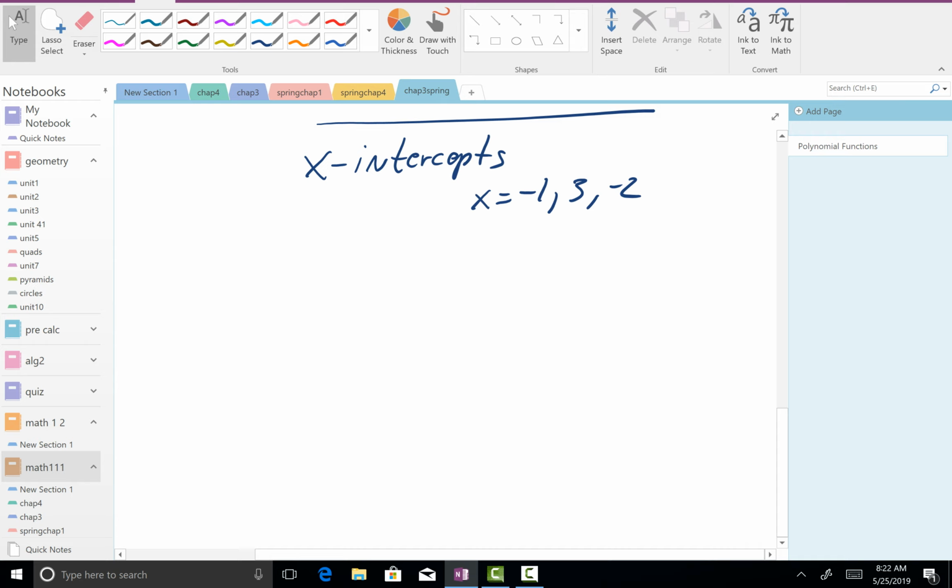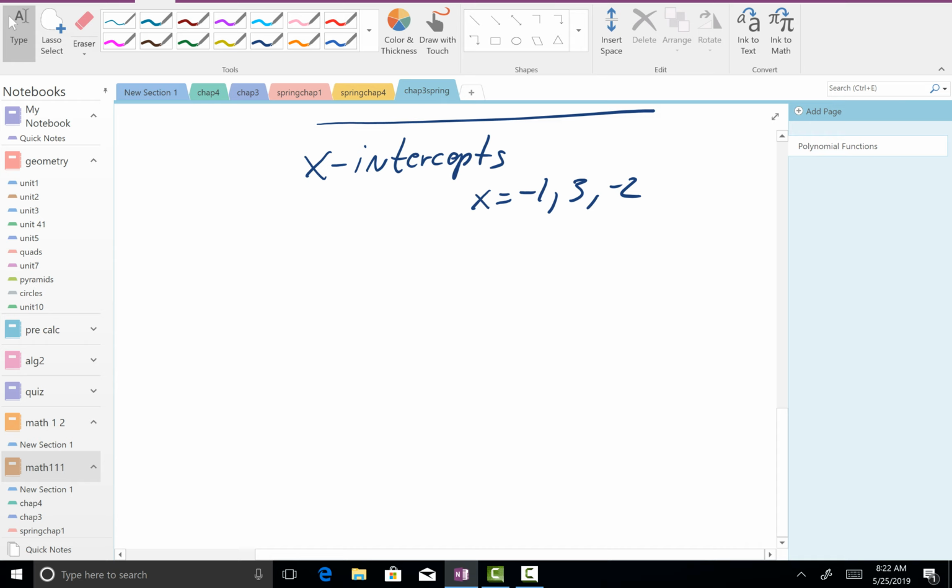There's one other idea about the polynomial here, something called end behavior. End behavior is what's happening at the end of the function.